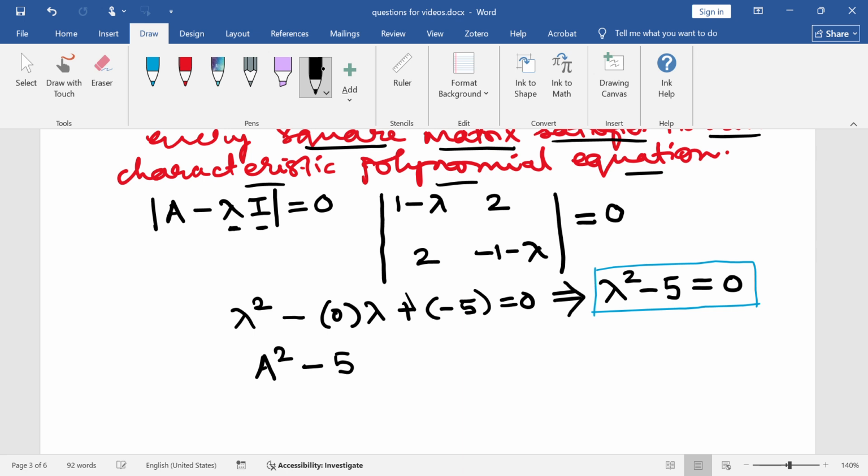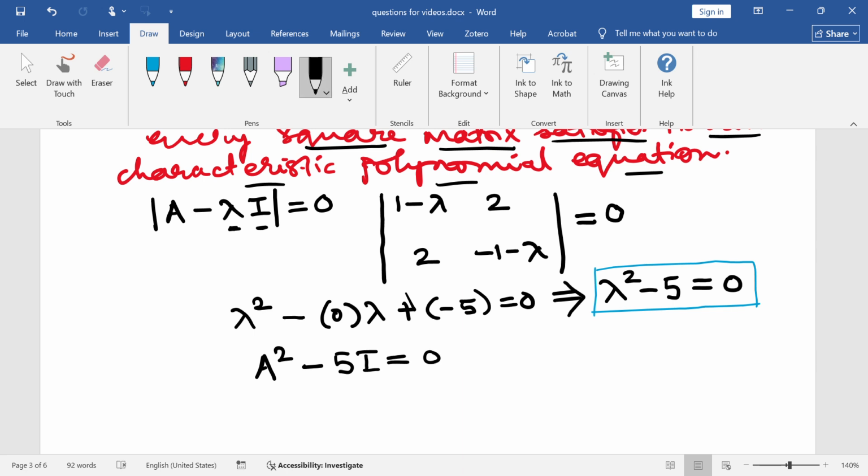Now remember we are dealing with matrices, so I will add an I over here. What is I? It is the identity matrix, the unit matrix whose determinantal value is 1. So this is equal to 0.